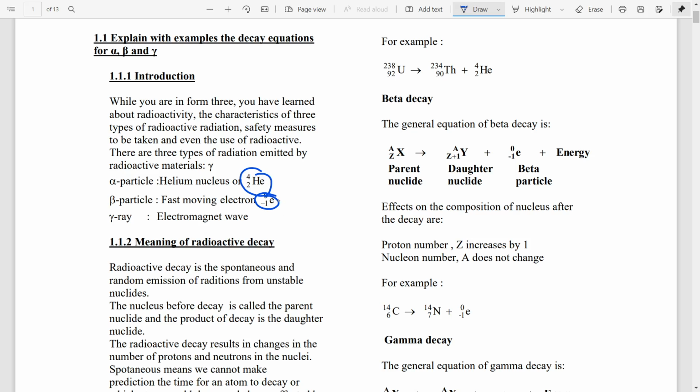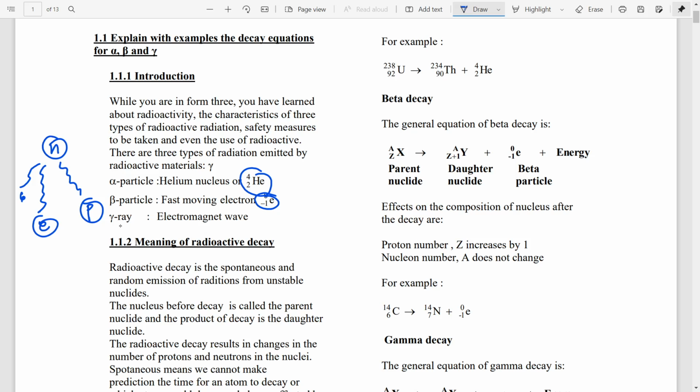This is the electron emitted from the nucleus itself, where one of the neutrons will decay into one proton and one electron. And of course there is antineutrino dan sebagainya lah. So itu tak perlu kita tahu. For your part, you just need to know this electron is coming from the nucleus.